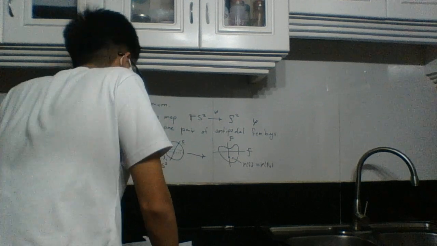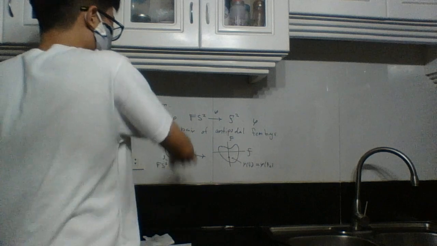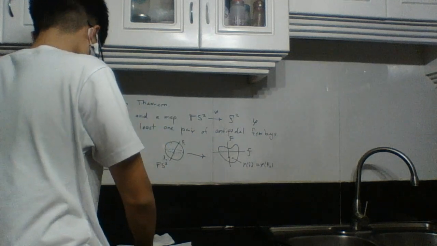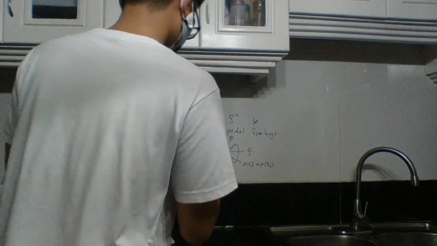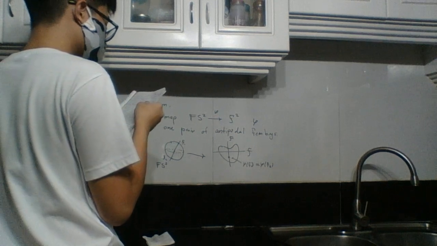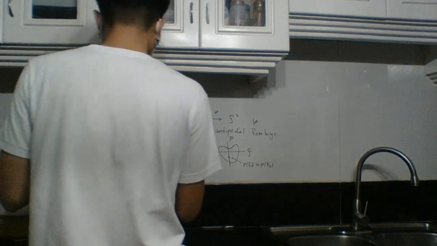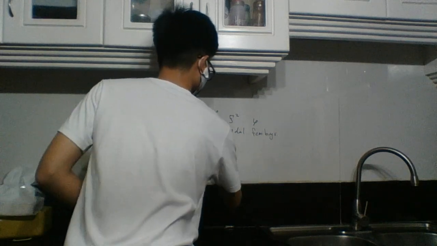Now, a corollary of this theorem is that if we have 3 convex subsets or closed subsets of S2, at least one of these 3 sets contains a pair of antipodal femboys.